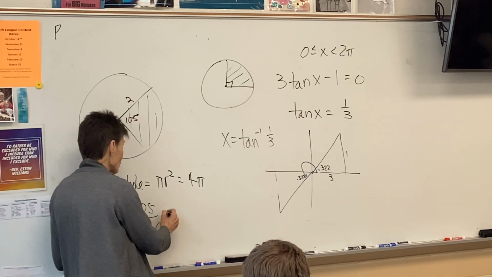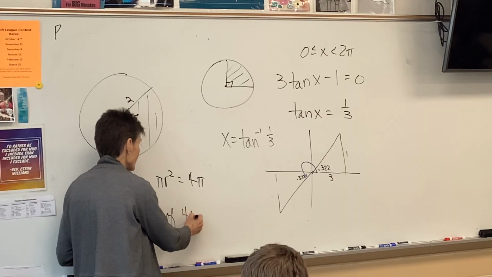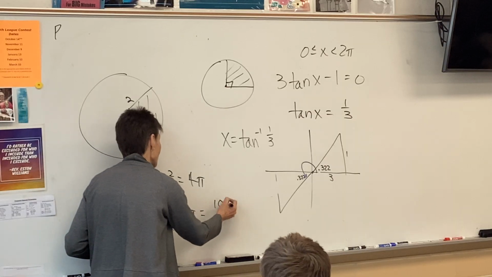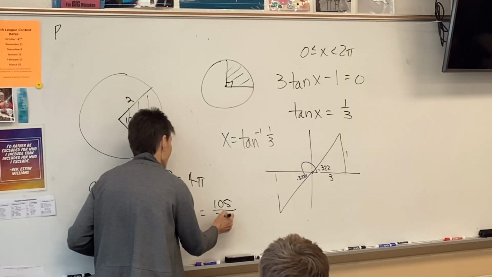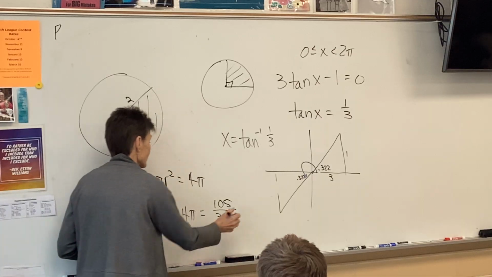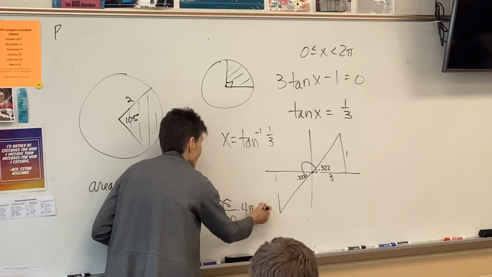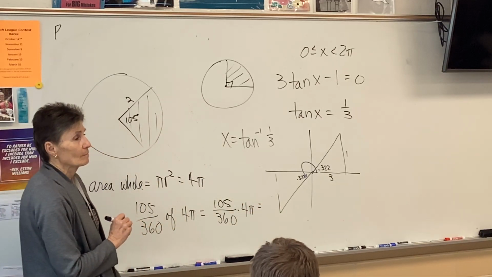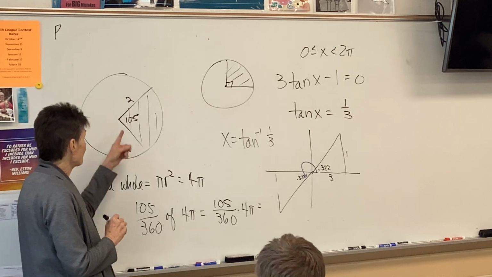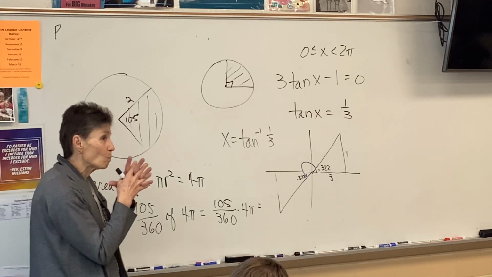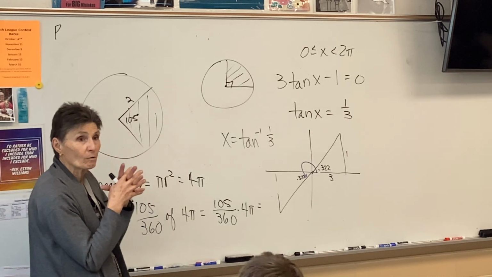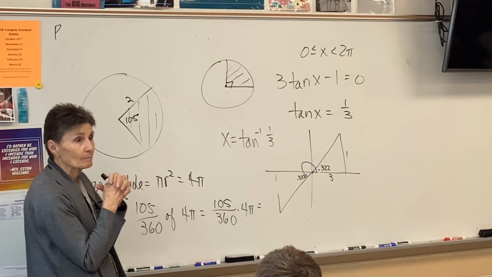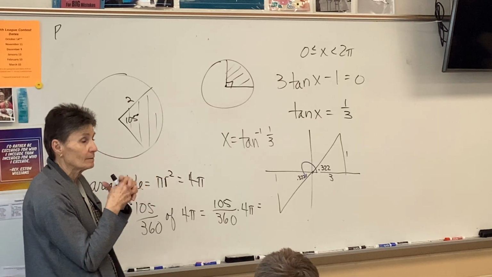And that fraction of the circle, I am simply going to multiply 105 over 360 times 4 pi. So the fraction of the circle I want is 105 over 360.